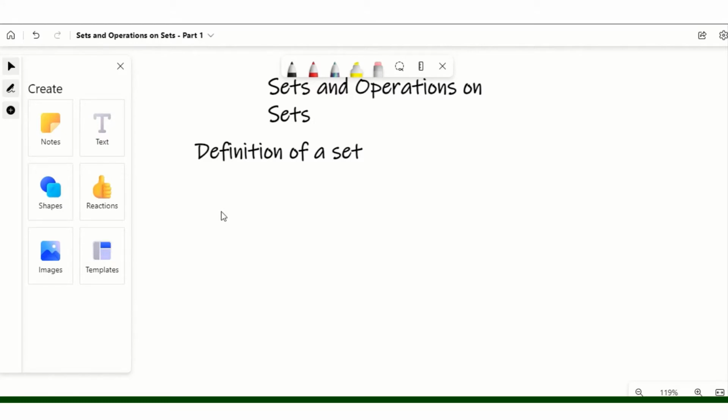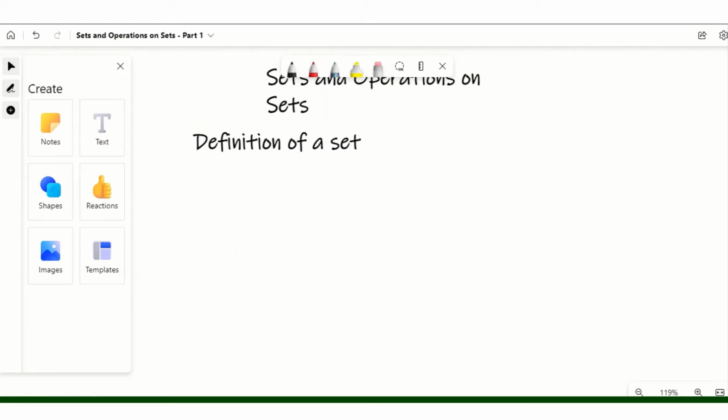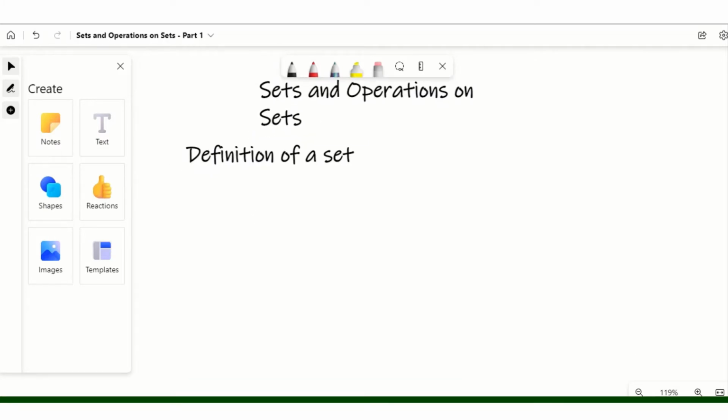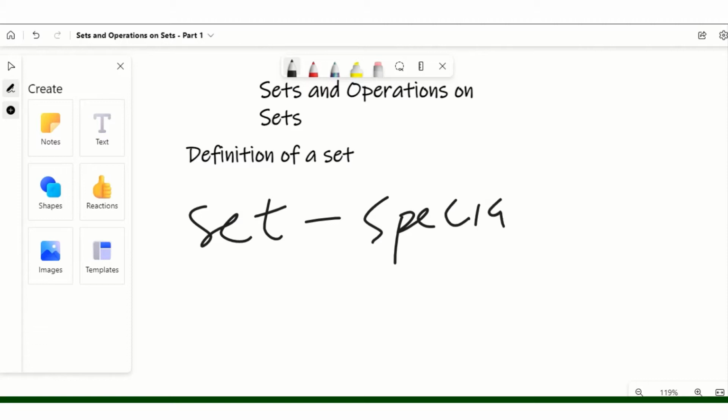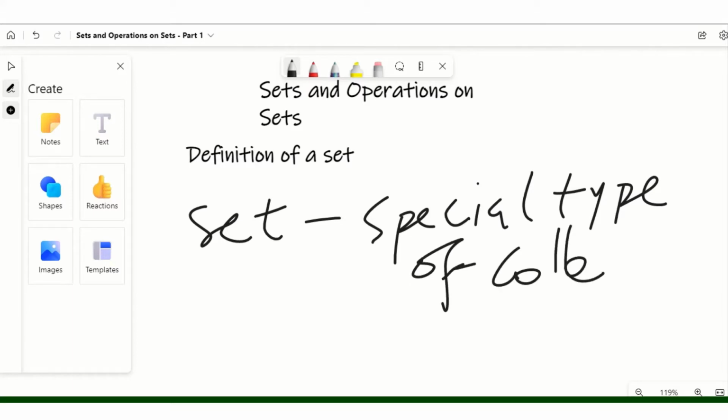We use the word set for a special type of collections. And usually when you have a set, they have something in common.